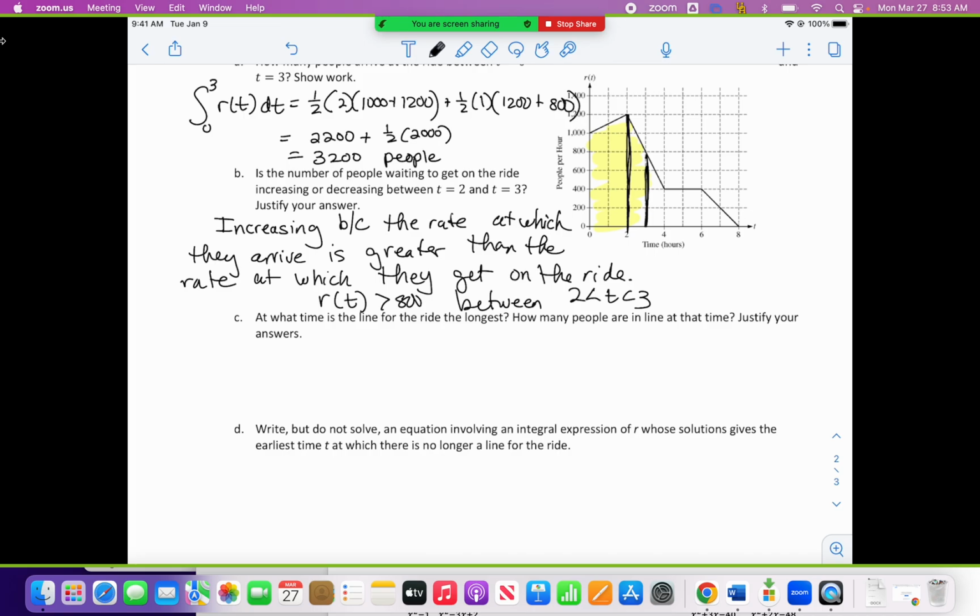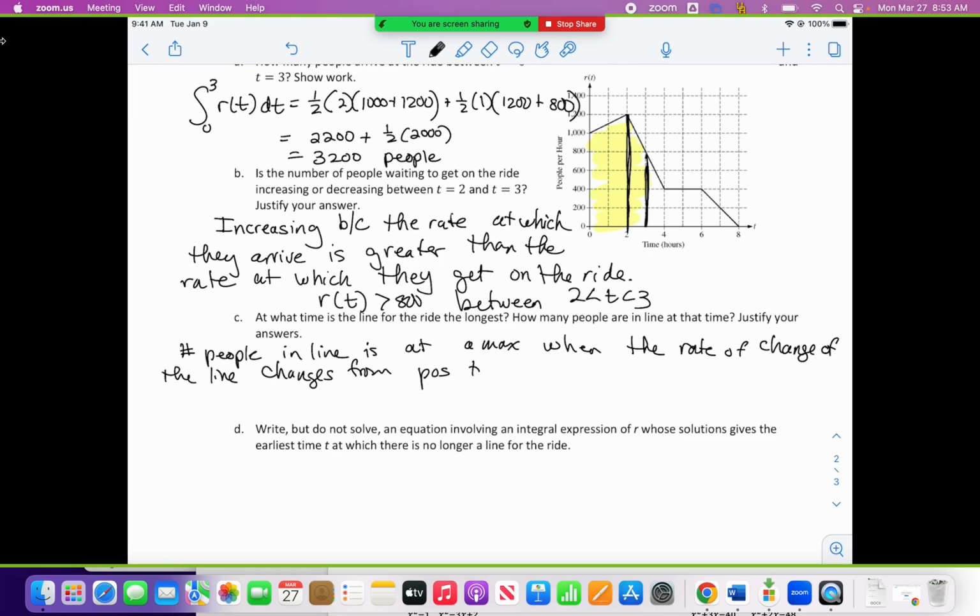So in letter C, at what time is the line for the ride the longest? Well, the number of people in line is at a max when the rate of change of the line changes from positive to negative.